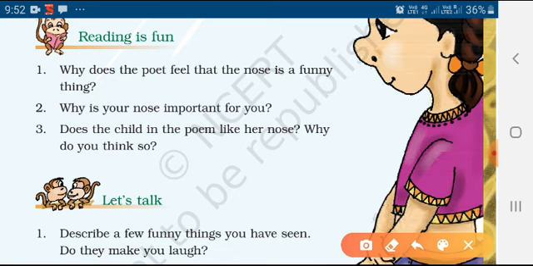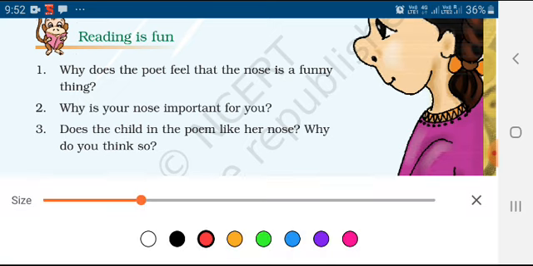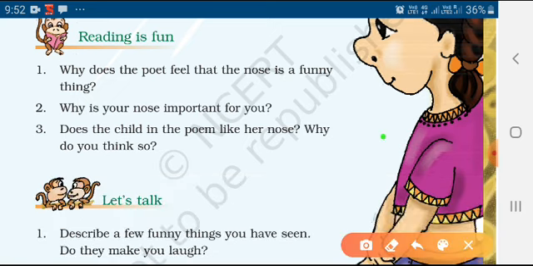Next question is, does the child in the poem like her nose? Why do you think so? There are two questions. The first question is, does the child in the poem like her nose?